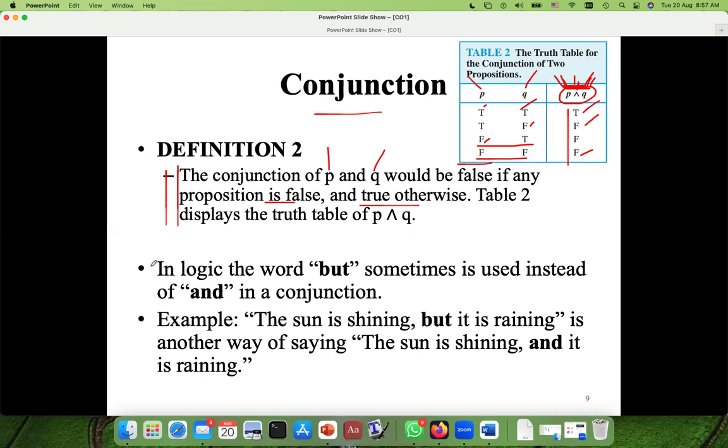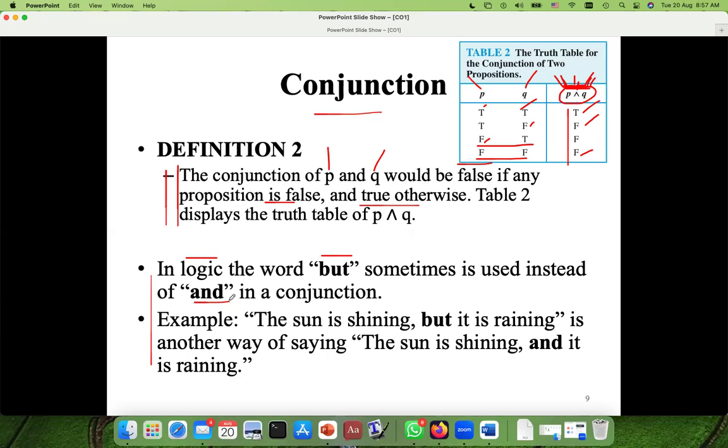Now there is some additional information here. In this field of logic, sometimes the word but is used in place of the word and.